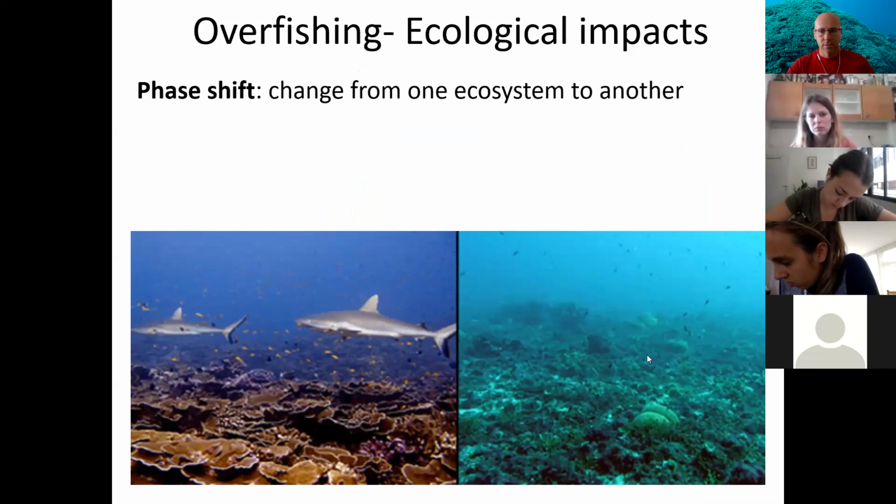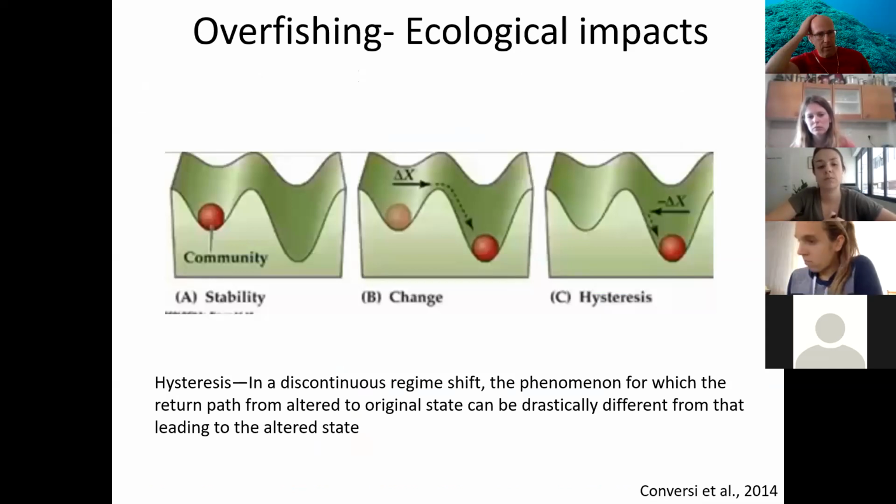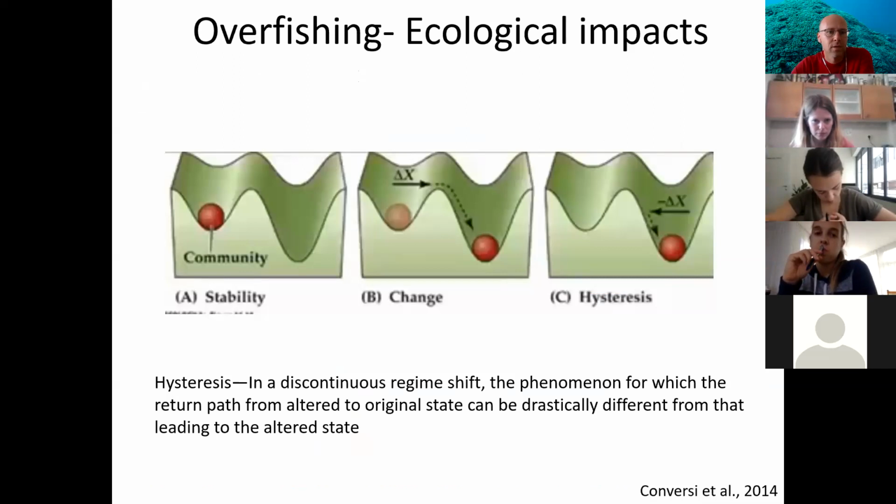This could be either this or that, depending on different variables. So I want you to check this out. This is a concept of a phase shift. If I have a community and there's stressors, theoretically, this is the optimum here on the bottom. And stressors always want to move it to one side or another. So it's going to be going this way and that way, but eventually, you will pretty much move around a stable area.